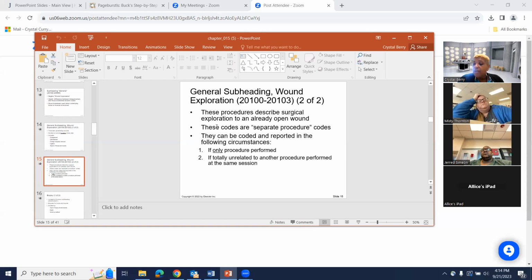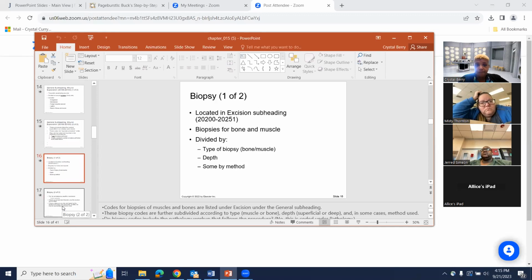They can be coded and reported in the following circumstances: if only procedure performed, if totally unrelated to another procedure performed at the same session. So if you're having a procedure done and then something totally separate is performed, but it's still during that same session, that would be coded as well, but as a separate procedure.